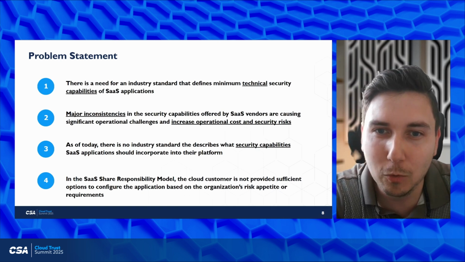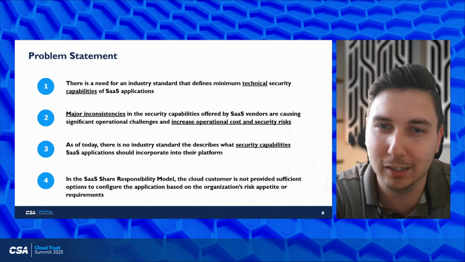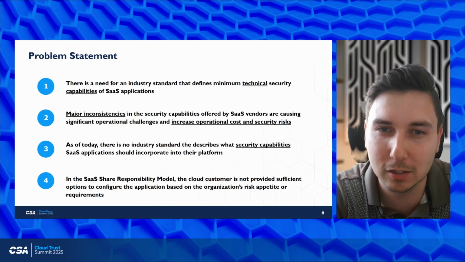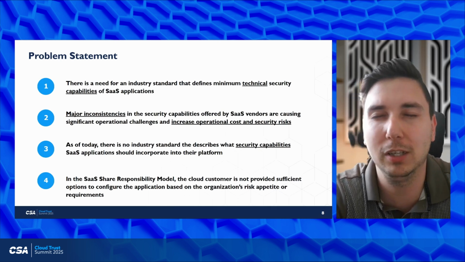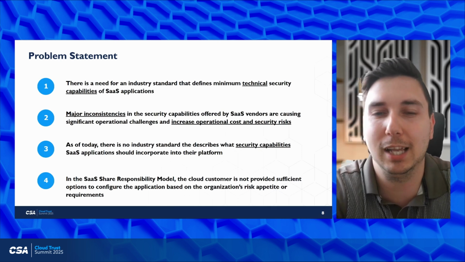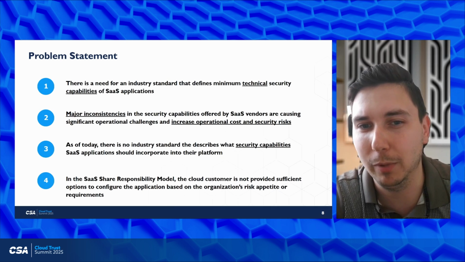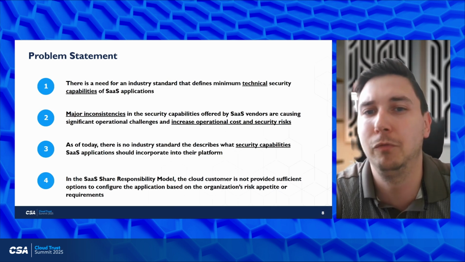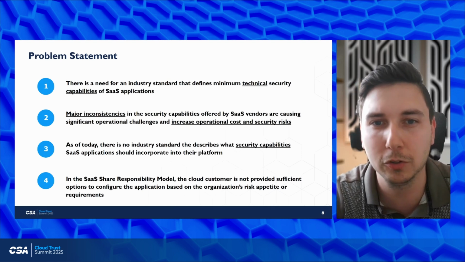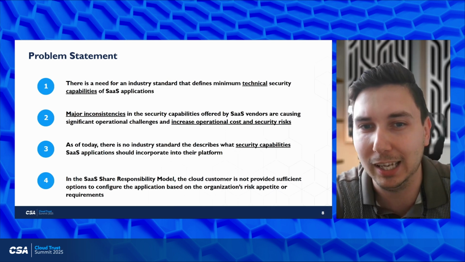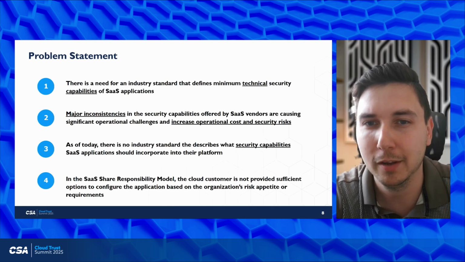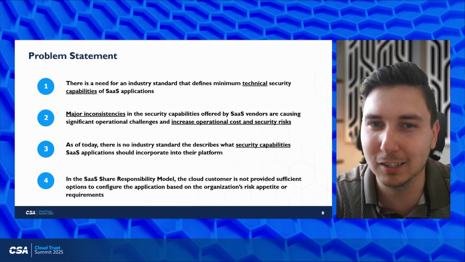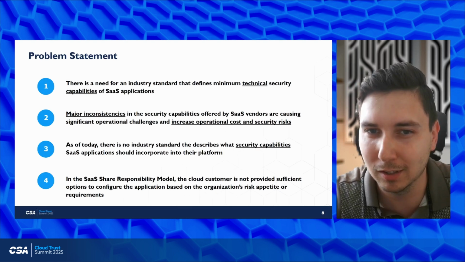As of now, we believe there is no standard that describes what security features or security capabilities SaaS applications should incorporate into the platform. Now, again, we understand there are many standards focusing on company-level controls or perhaps the underlying infrastructure controls, but there are not that many standards focusing on application capabilities themselves.